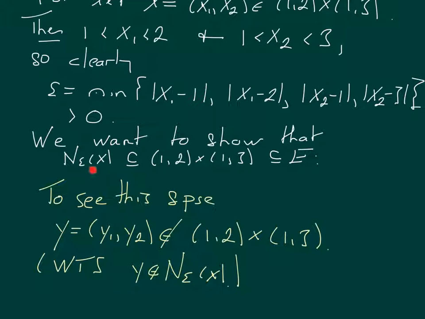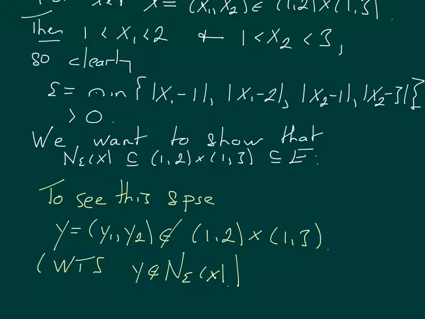So if we have in fact shown this, we'll have shown that x is in the interior. Okay, so this is what we're trying to show right now. So to see this, what are we going to do? What we could do is pick a y in here and show that it lies in here. Instead, what we're going to do is the contrapositive of that. We're going to pick a y that's not in here and show that that y cannot belong to here.